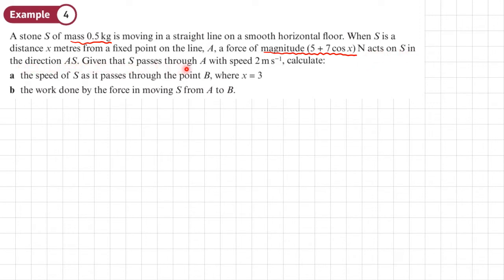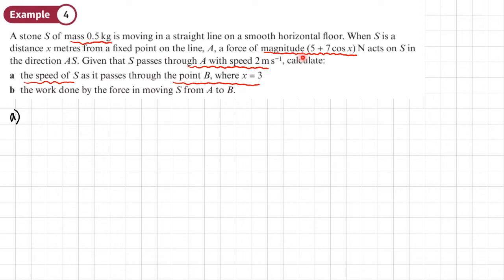Given that S passes through A with speed 2 meters per second, what we want to do in part A, first of all, is to calculate the speed of S as it passes through point B where x equals 3.